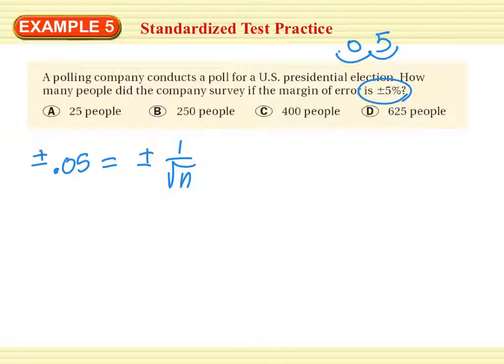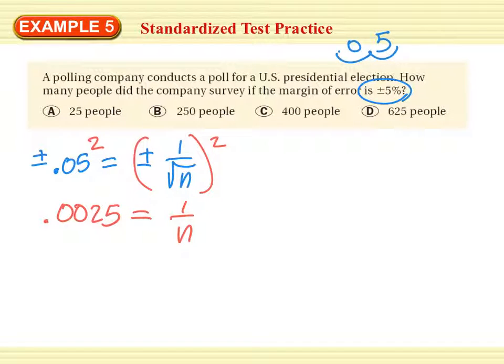If I square both sides, on the left, I get 0.0025, and on the right, I get 1 over n.